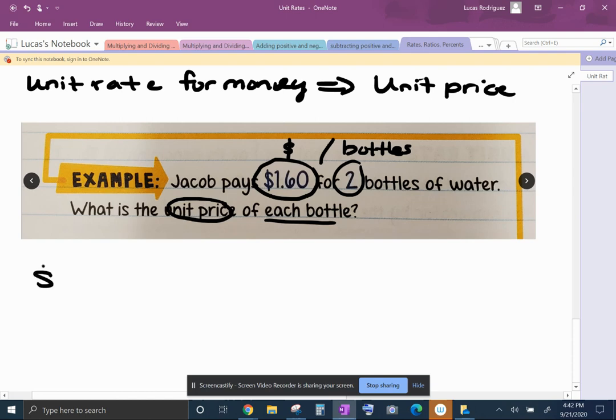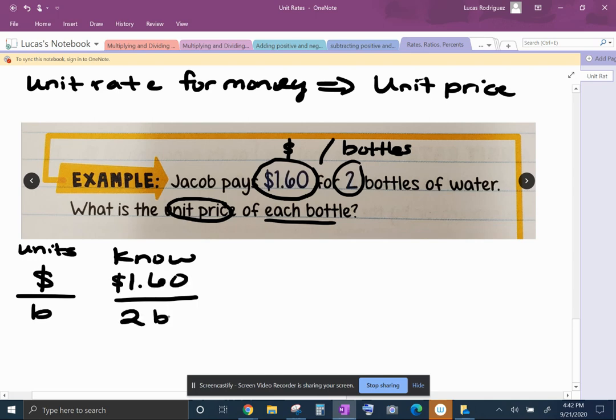Well, first thing we're going to put is money over the bottles. And we're going to start with what we know. So here are our units: money, dollars over bottles. And what we know is that we paid $1.60 for 2 bottles of water.